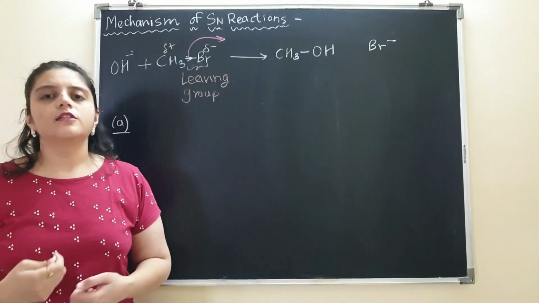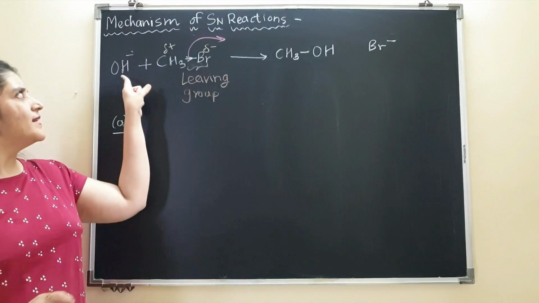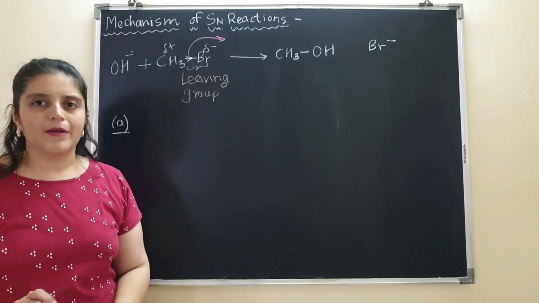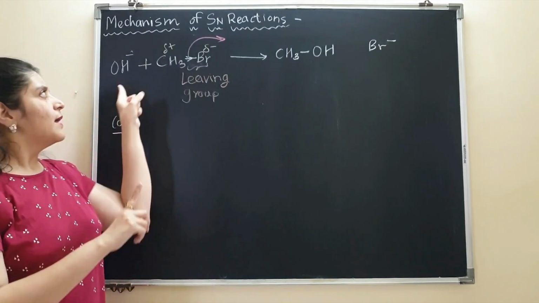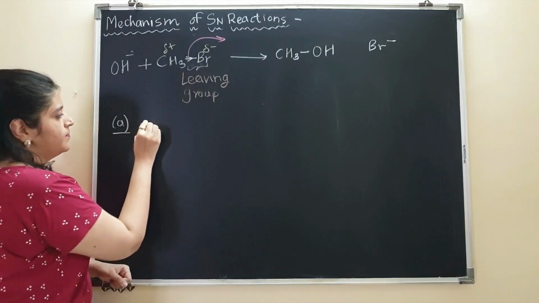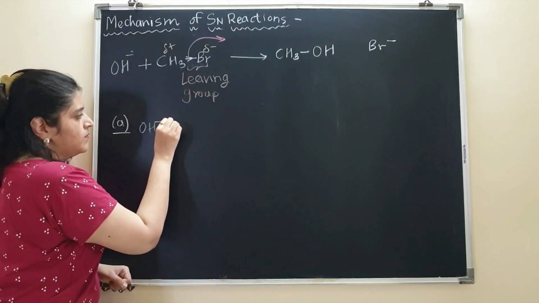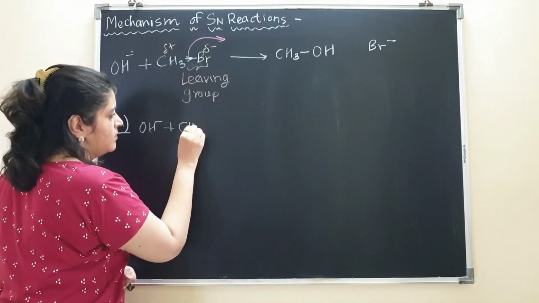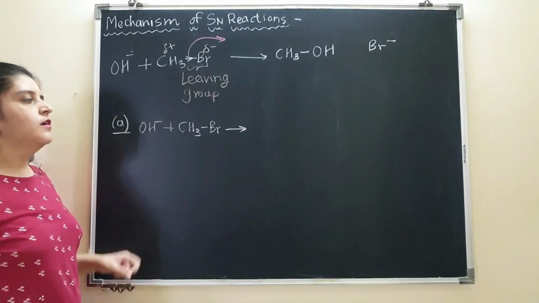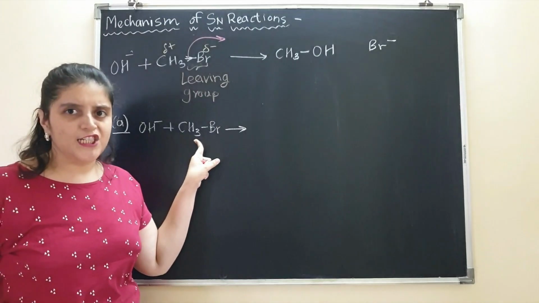So the very first route is, when this OH minus is attacking the carbon atom, first the bond between OH and carbon will be formed like this. So OH minus plus CH3Br.